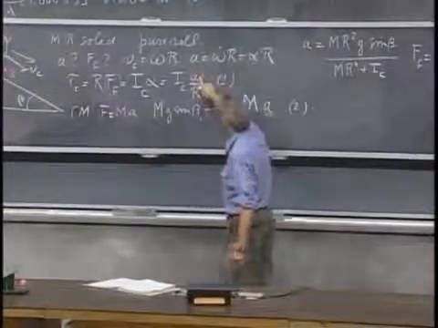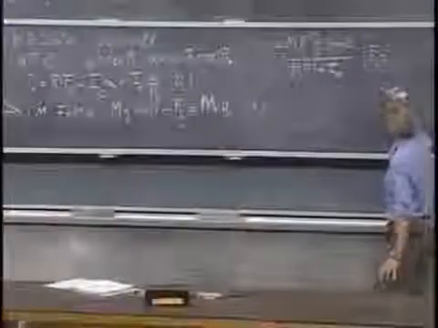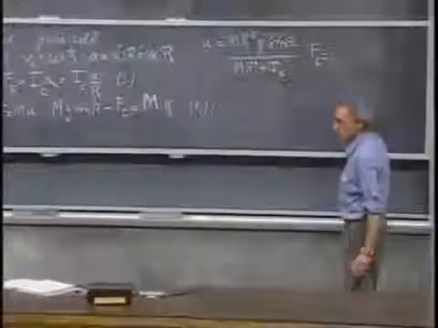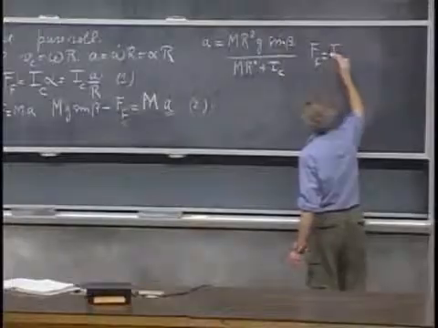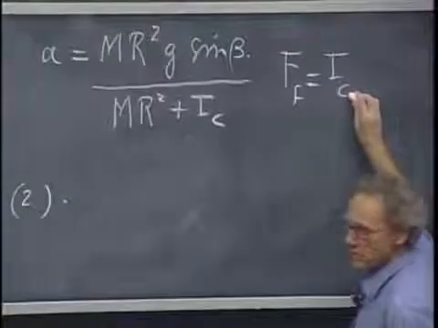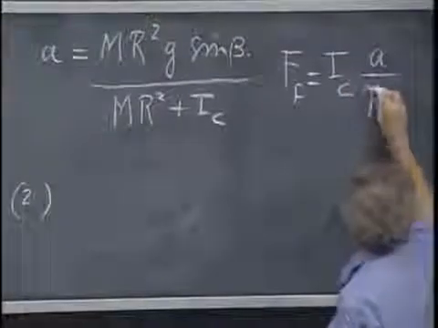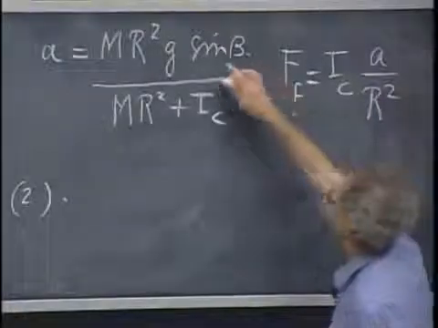And I will leave A as it is because it becomes too complicated otherwise. And so the frictional force becomes the moment of inertia about C times A divided by r squared. So this A has to be substituted in here.